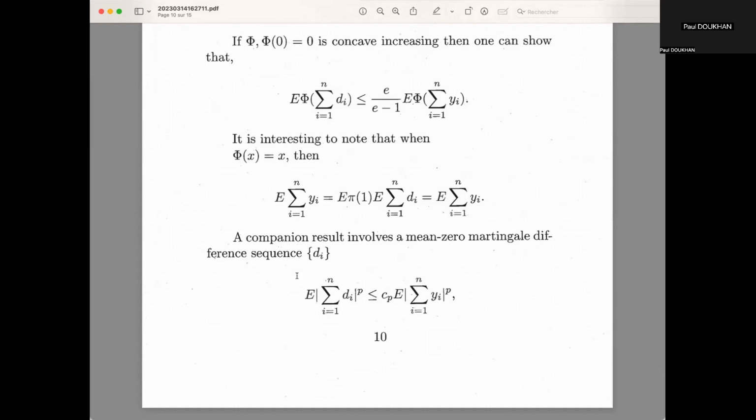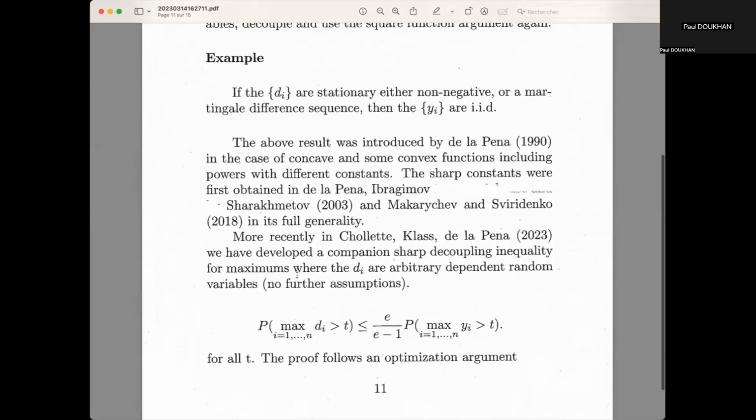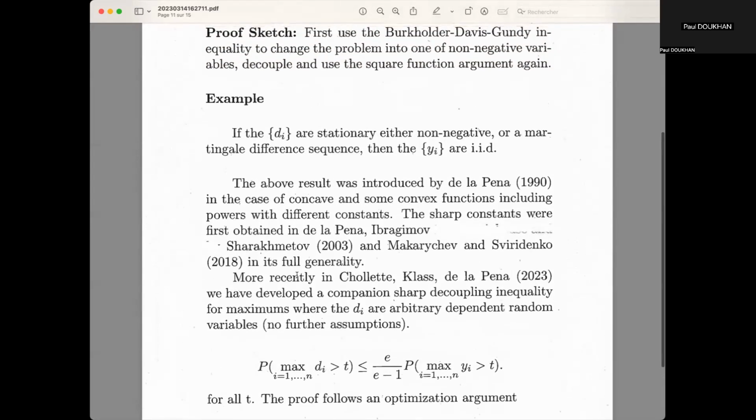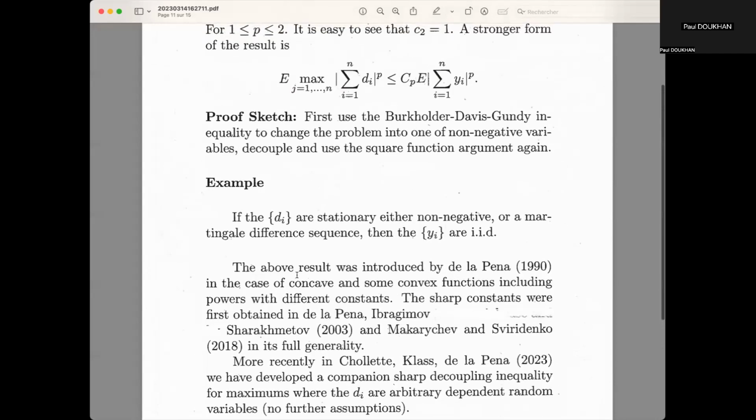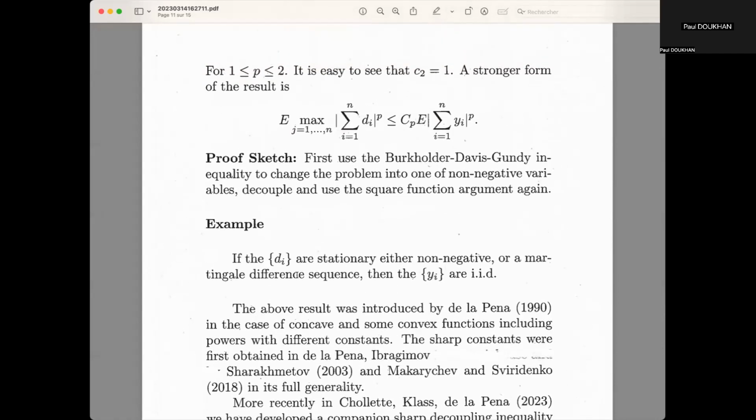I'll tell you why it is easy to replace martingale difference sequences by independent variables. Let's assume that p is equal to 1. Now the inequality is stronger.